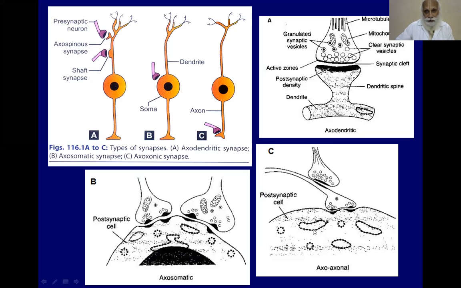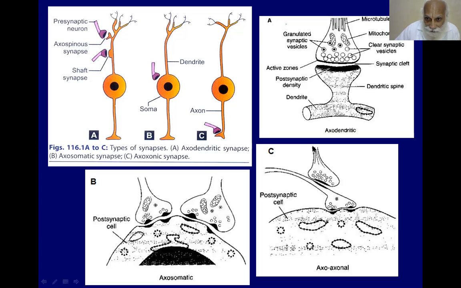And we have another type, the axonal type of synapse. So there is the presynaptic neuron and the postsynaptic neuron, and on the axon of the presynaptic neuron, you find that another axon terminal is ending.